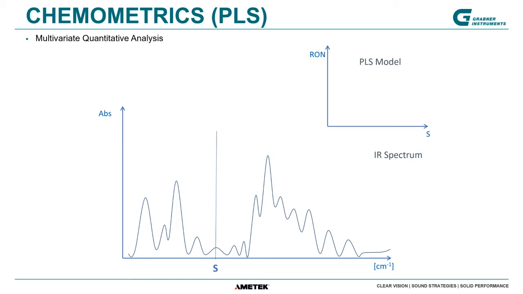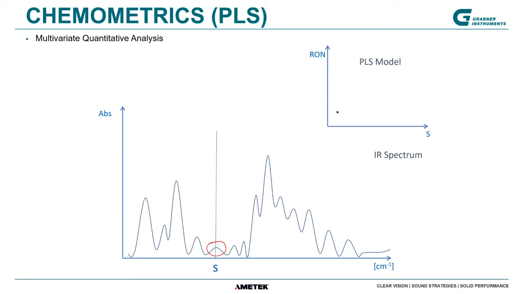Chemometrics, the partial least squares, is applying a model, and the model needs to be trained into the instrument. So how does this training work in a very simplistic way? I just wanted to highlight you this little peak here, which could be one of the many features which we could track. And we have the spectrum of a typical gasoline.